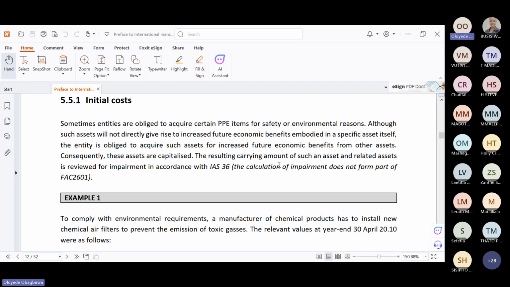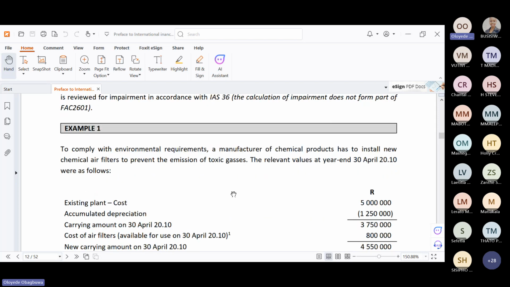So that's why they show us an example here: there's an existing plant, but there's also a filter to prevent the emission of toxic gases. They have seen this filter as a component that will increase the future benefit of this particular plant.